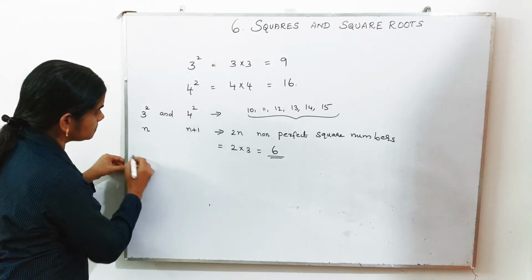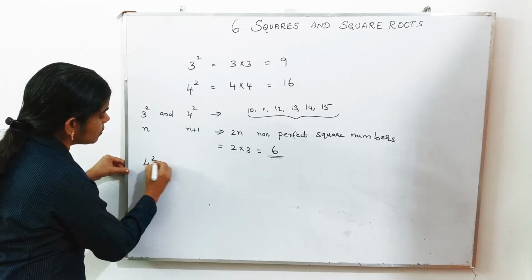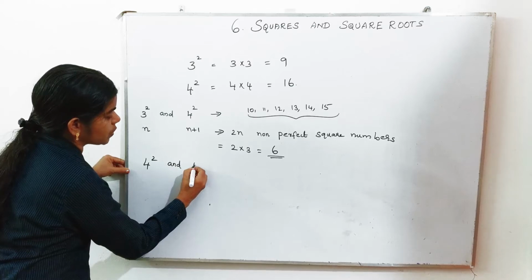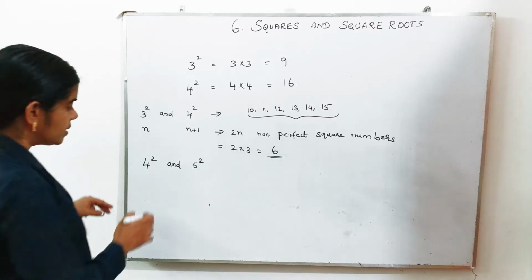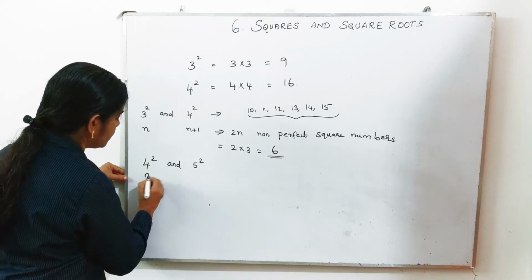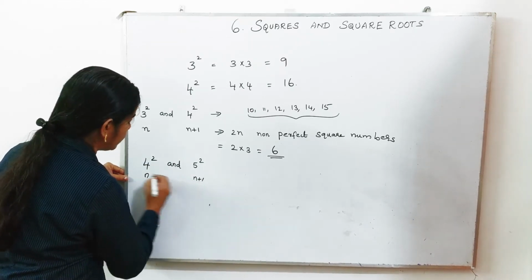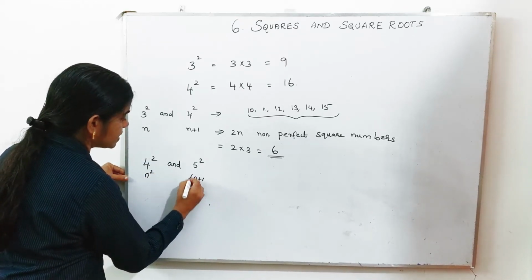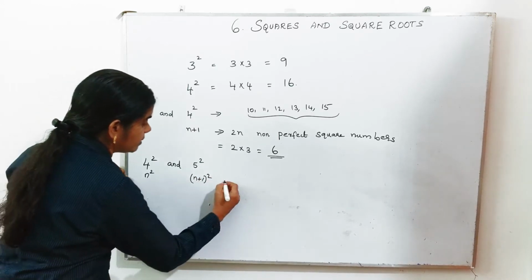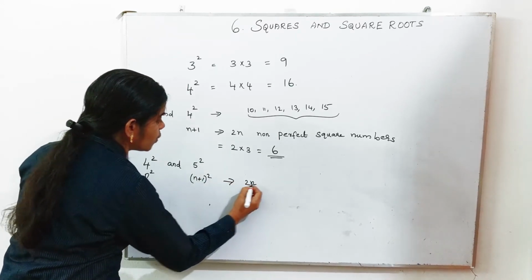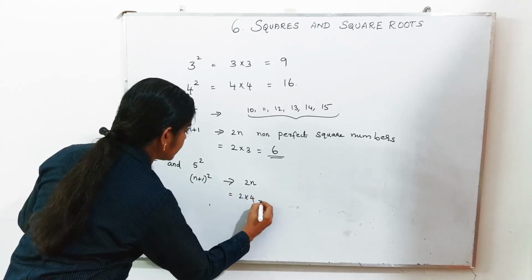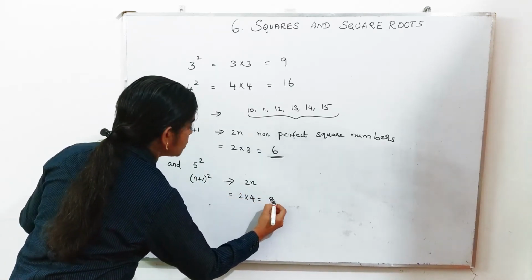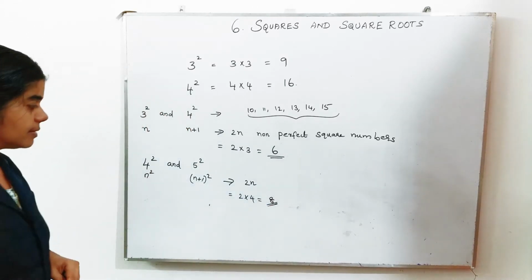Next, I am writing between 4 square and 5 square. These are the perfect squares. How many numbers are there? This will be the n, and this will be the n plus 1. This is n square and this will be n plus 1 whole square. Then 2n non-perfect numbers, that is 2 into 4, that is 8 non-perfect numbers will be there.